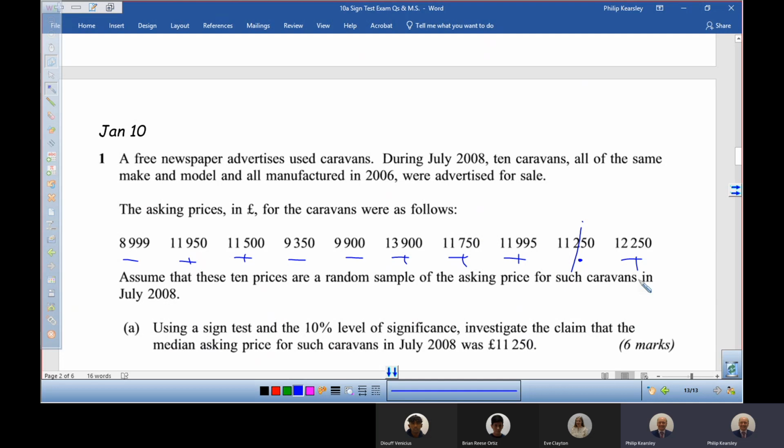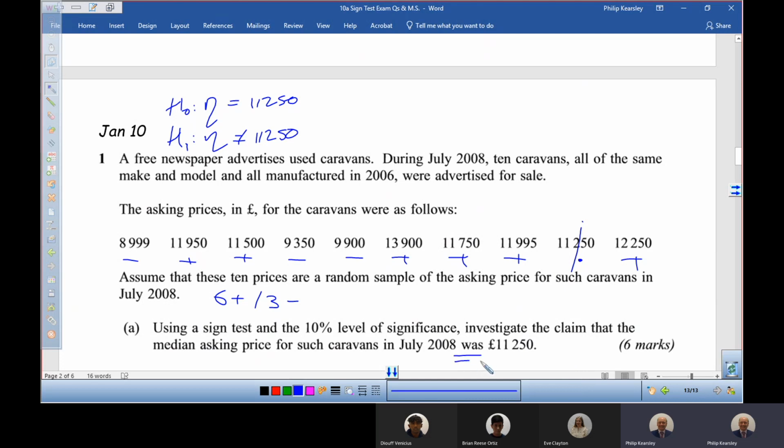Six to three, is that right? 6 and 3? So it didn't specify increase, didn't specify decrease, it just says whether it was.